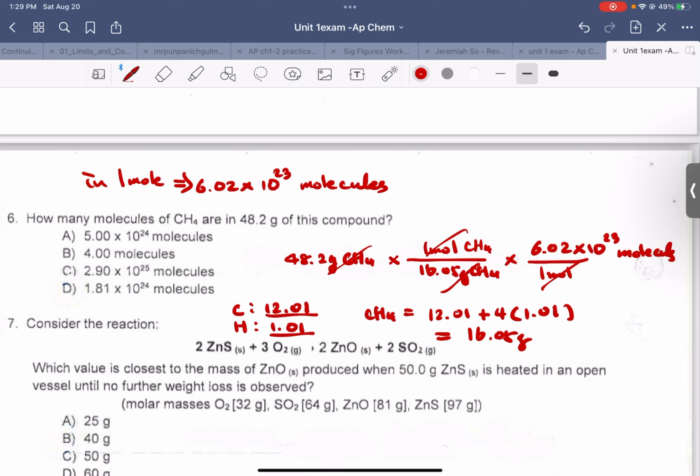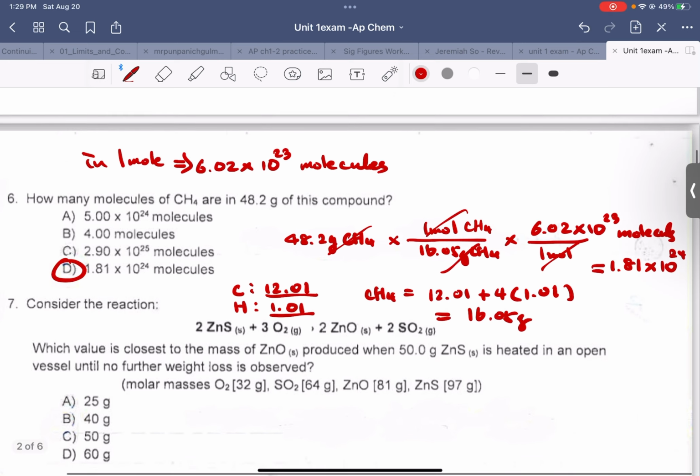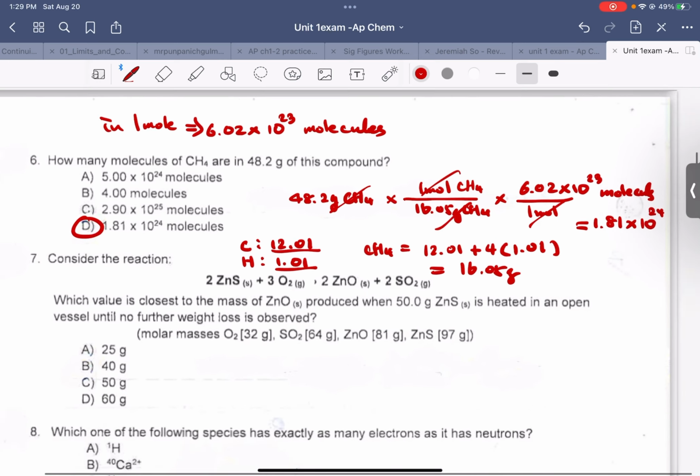So I got around 1.81 times 10 to the 24th molecules, which is D. Okay, so you can use dimensional analysis to answer this.